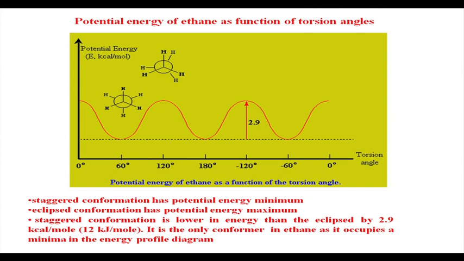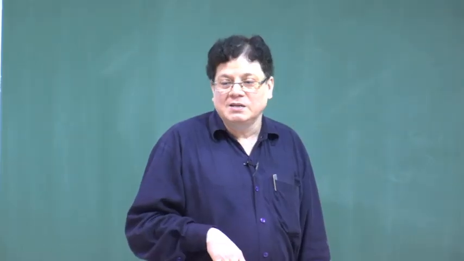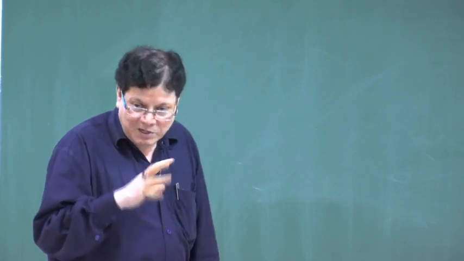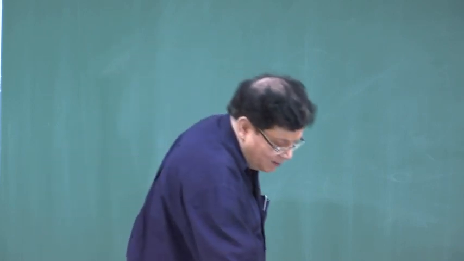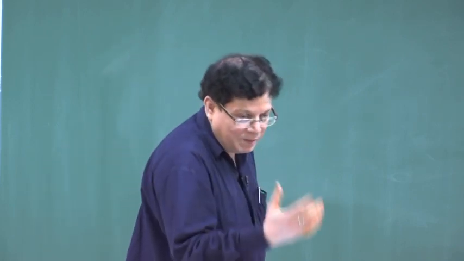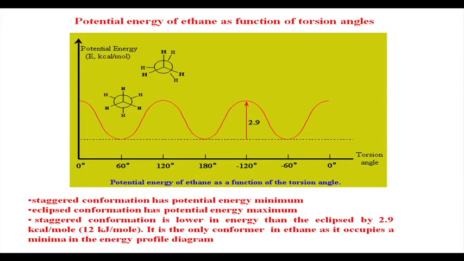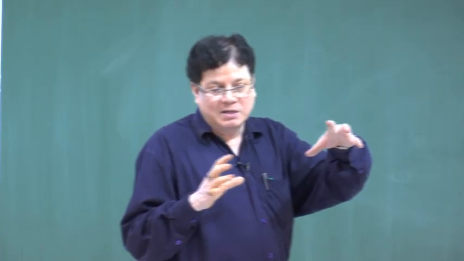This is ethane. When you change this hydrogen to methyl and another hydrogen to methyl, the situation changes, the energy profile diagram changes. Then you have more conformations where you can identify the name. You will see that the staggered form can be of 2 types, depending on the dihedral angle between the carbon methyl groups.